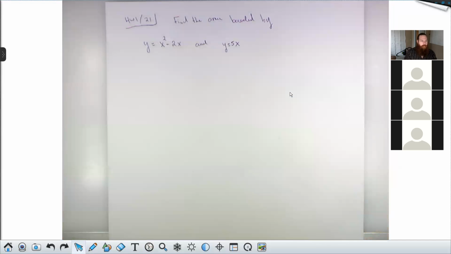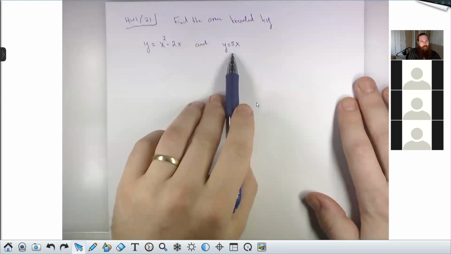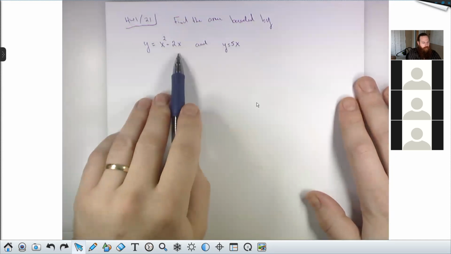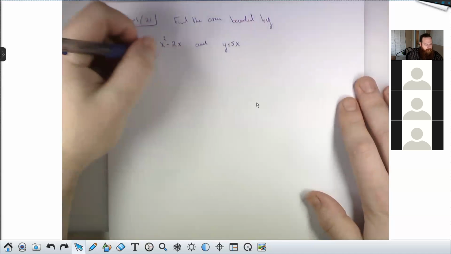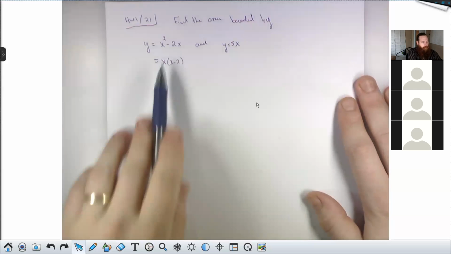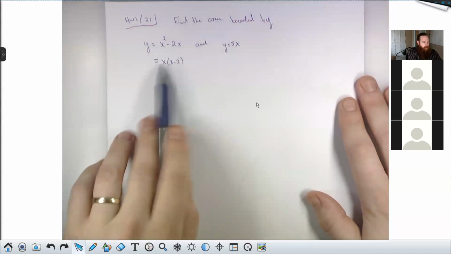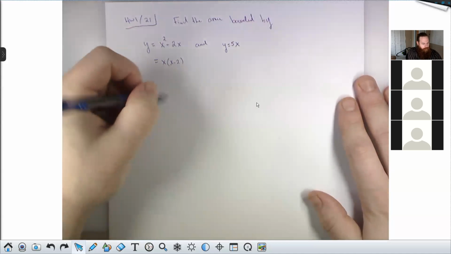So we're going to find the area bounded by these two curves. Well, this is definitely just a line to the origin with slope 5. This quadratic is a parabola. I can factor it to help me see what it looks like. So it opens up because the coefficient of x squared is positive, and it has roots at 0 and 2.